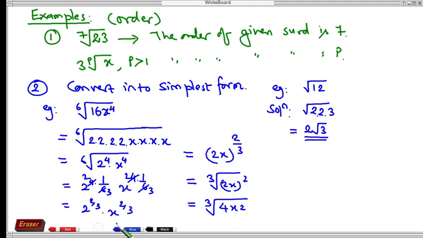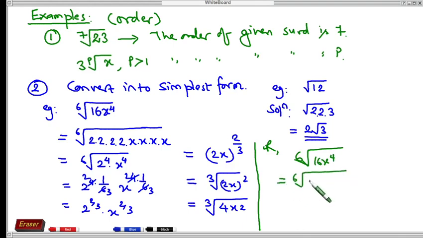I have done it in a little bit expanded form, or I will make it short. Okay, you have given the sixth root of 16x to the power 4, then the sixth root of 2 to the power 4 into x to the power 4. They have the same power, that's why we can combine.